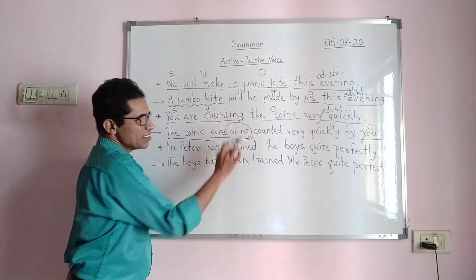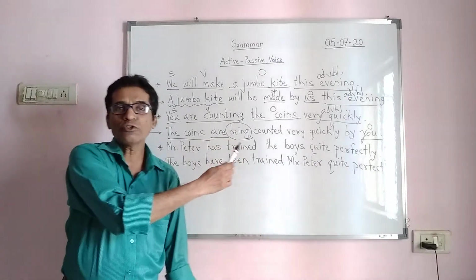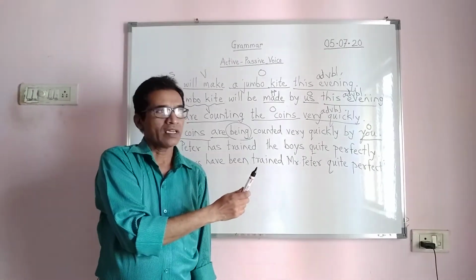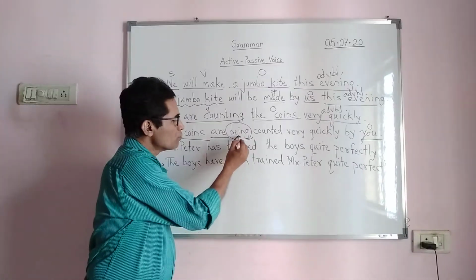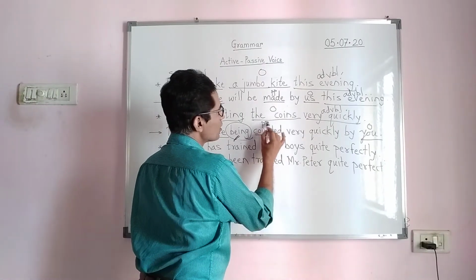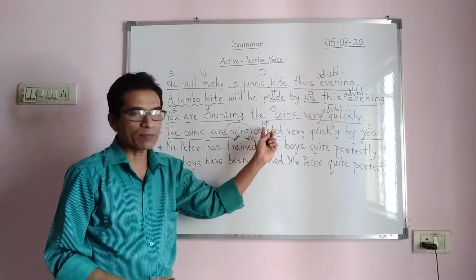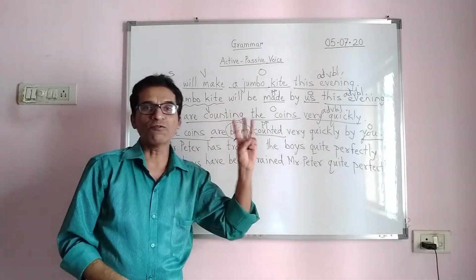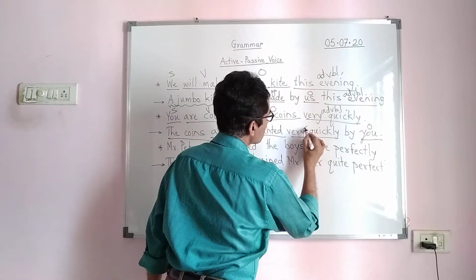It is continuous here. That is why in passive being is used. When you want to show the continuous action in passive form, you have to use this word being, and then comes past participle. So always remember, in passive sentences past participle is used, third form of a verb is used. Okay, very quickly is adverbial.